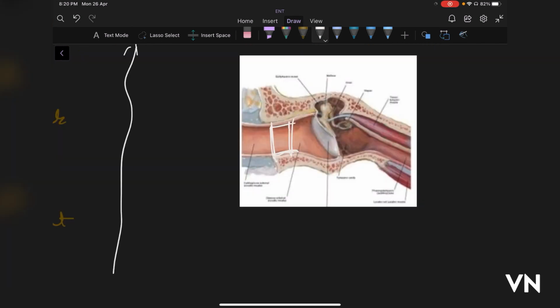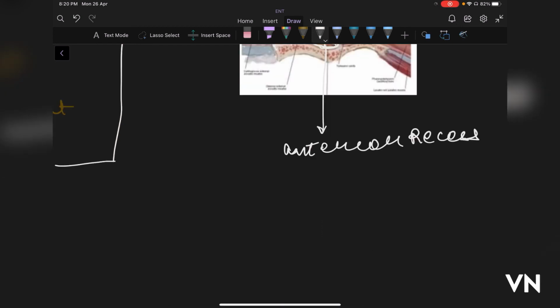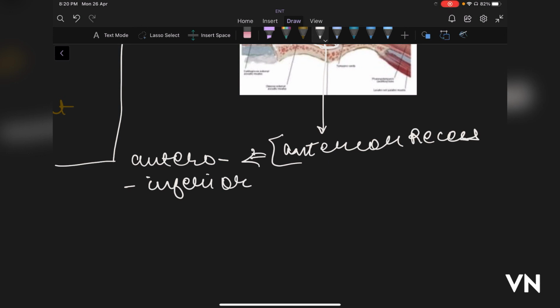The anterior inferior part, that is this part, is called your anterior recess. So what is your anterior recess? It is the anterior inferior part of the deep meatus.